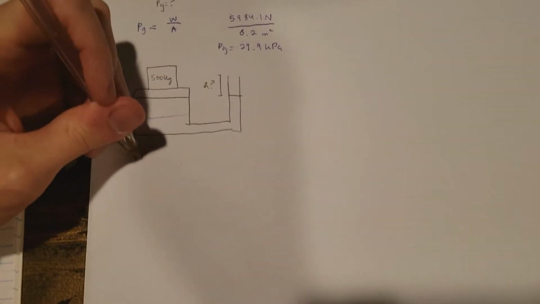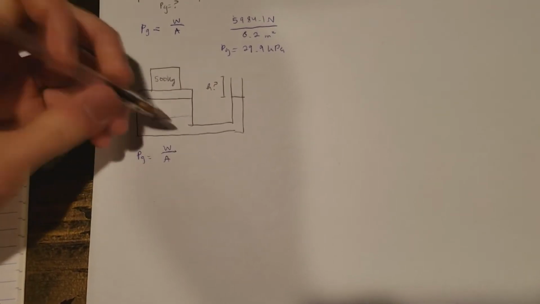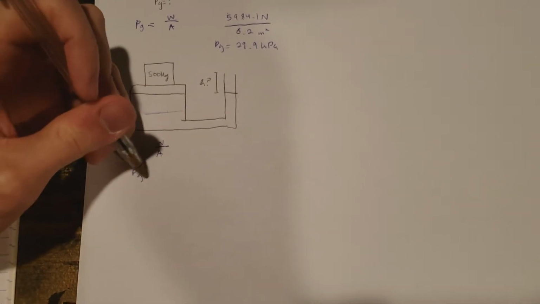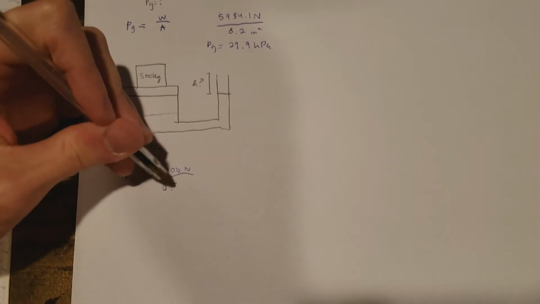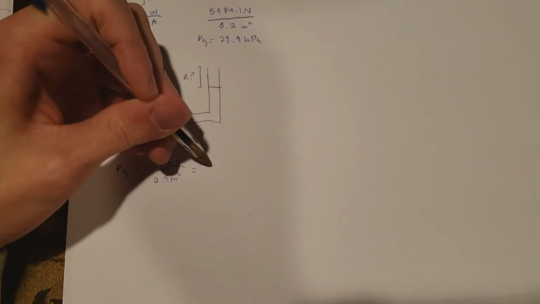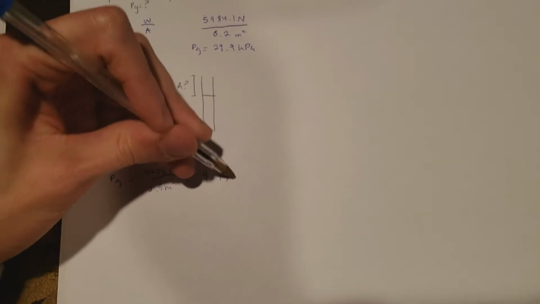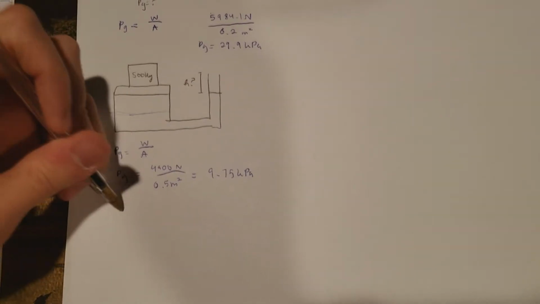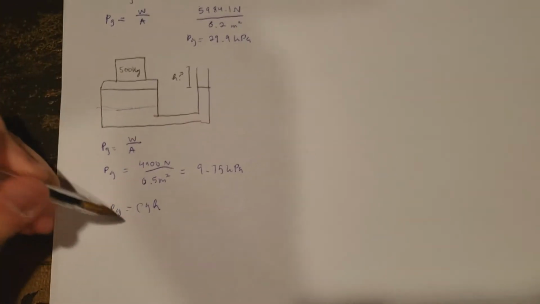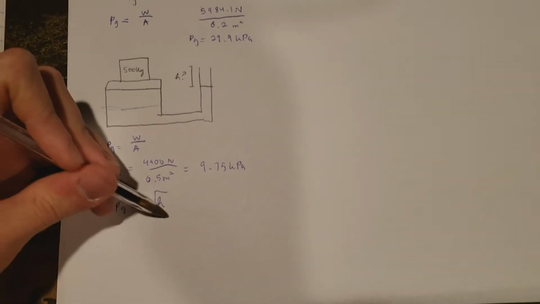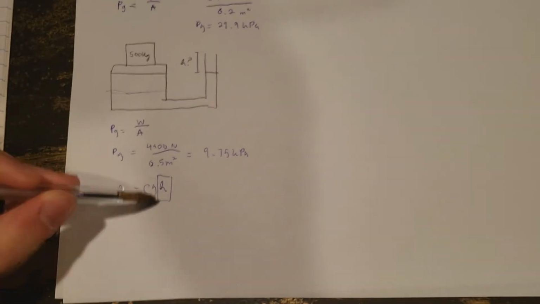So again, we know that our gauge pressure is weight over area. We can calculate that pretty easily. 4,900 newtons over 0.5 meters squared. So that's going to be 9.75 kilopascals. We know that our gauge pressure is rho g h. So this is where we actually integrate these two ideas.